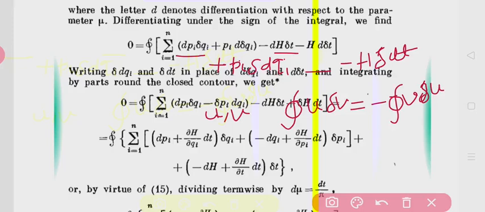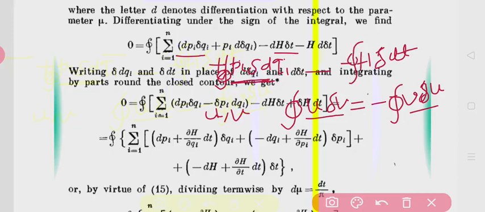That means this delta will be interchanged and the negative sign will be applied. So similarly, when you apply it over here, this is the closed integral along the closed curve, and this also is an integral along the closed curve.